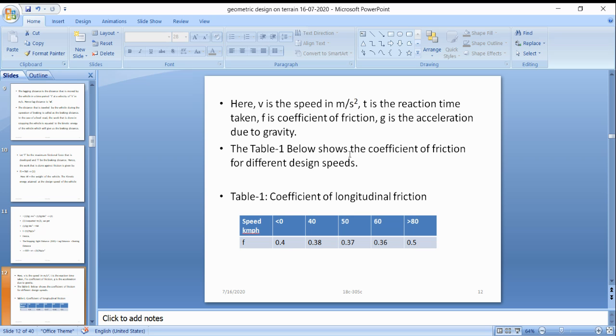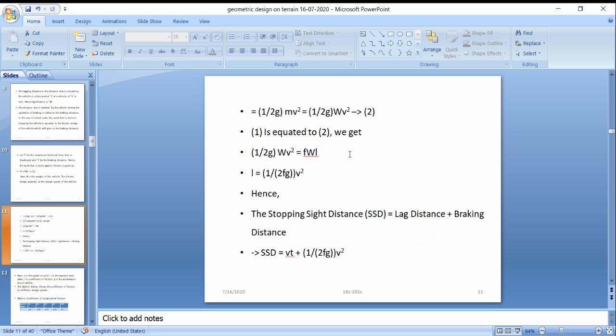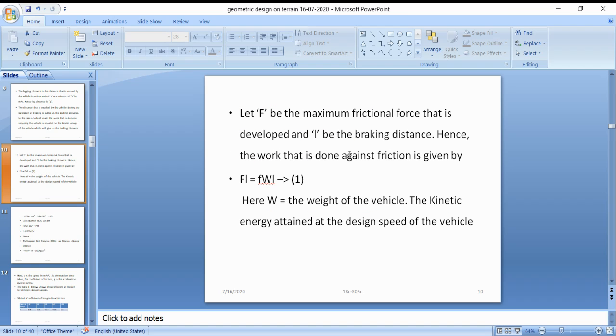And here all these were considered for the formula: Vt plus v square by 2fg.